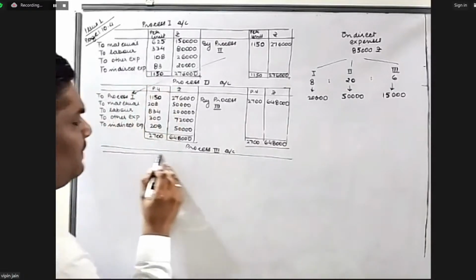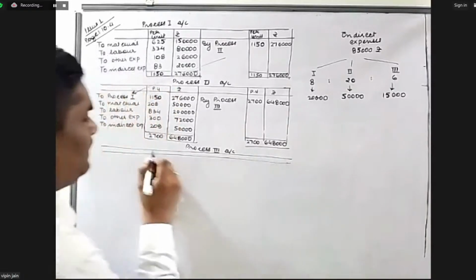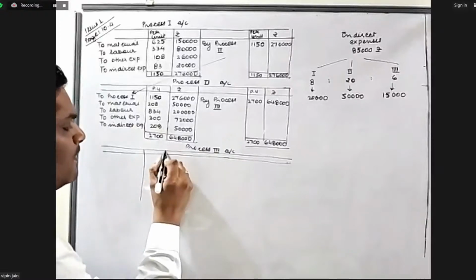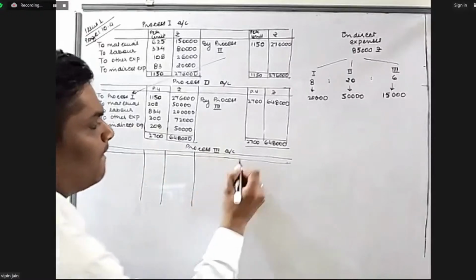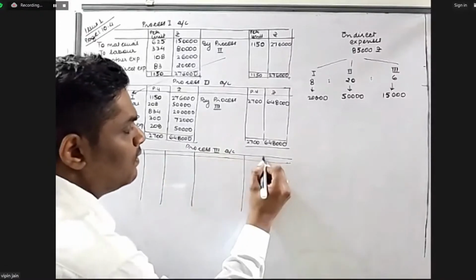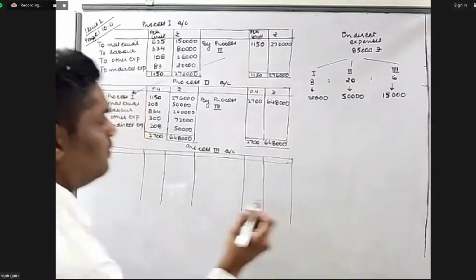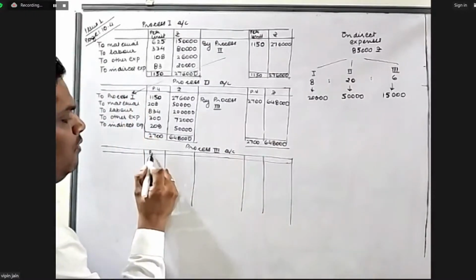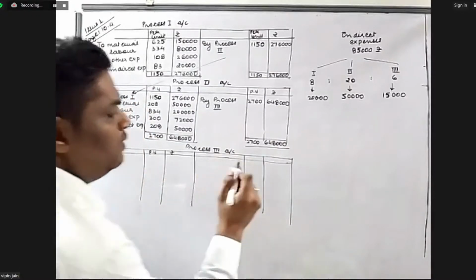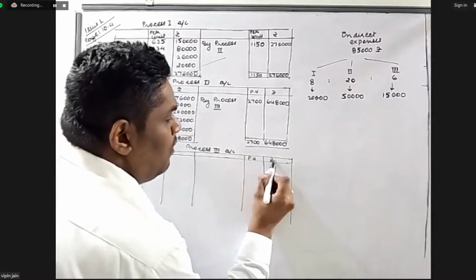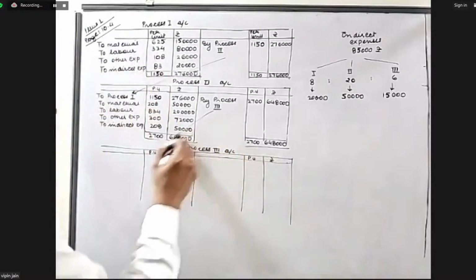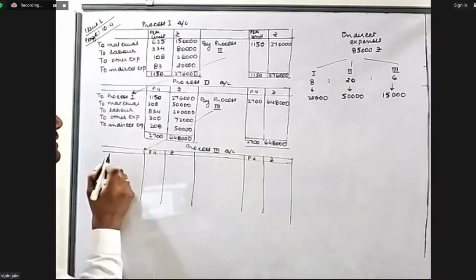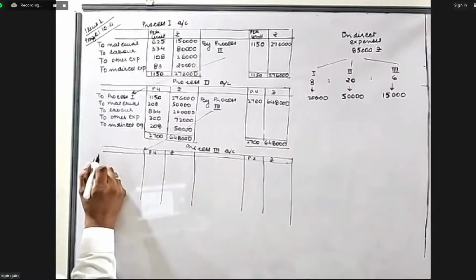Again, in the same way, we'll prepare process third account. Per unit and amount. The output of process second will be transferred to process third. So this will be the input of process third.